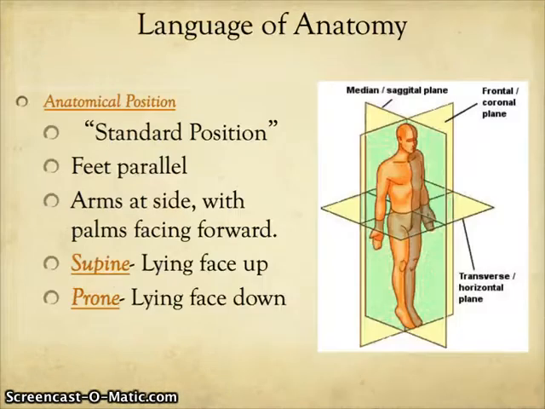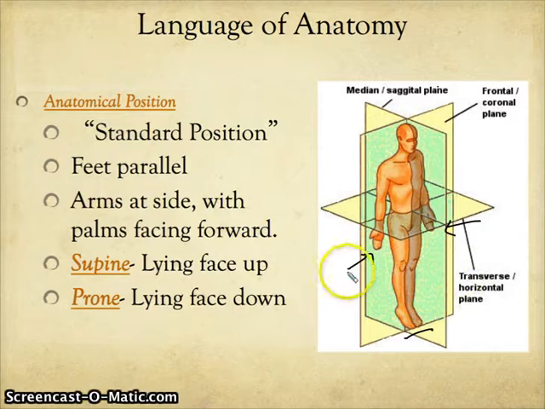First and foremost, you want to recognize that anatomical position is what we use to define everything. When we talk anatomical position, we're talking literally here. Notice that the feet are parallel, palms are facing forward, both sets of palms, and arms are at the side.